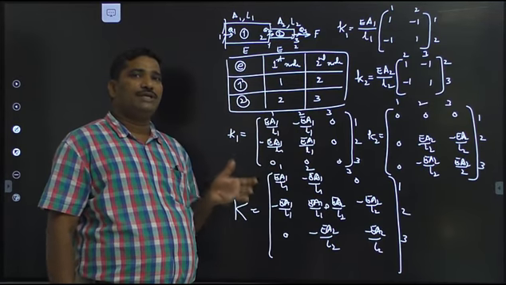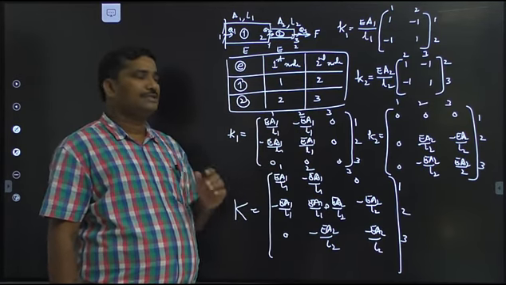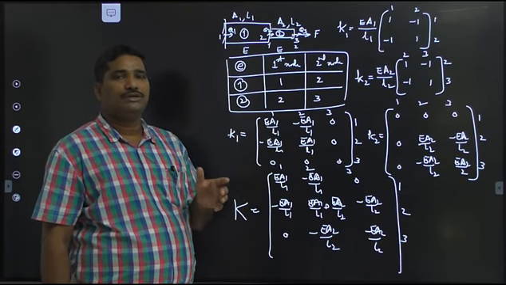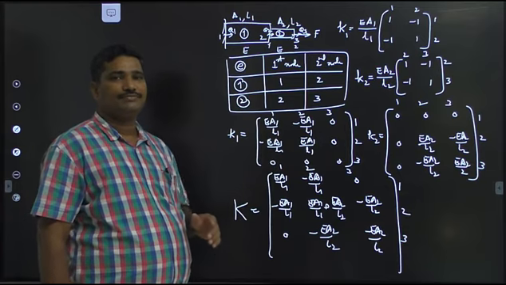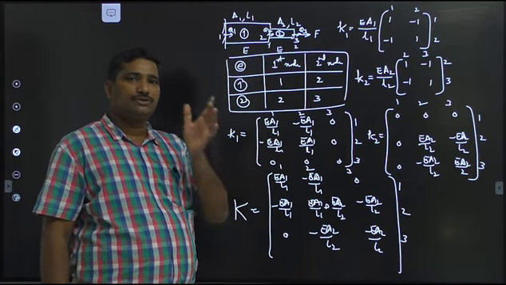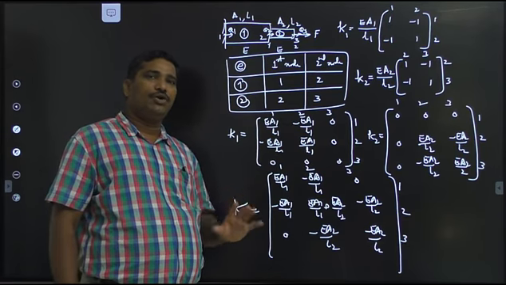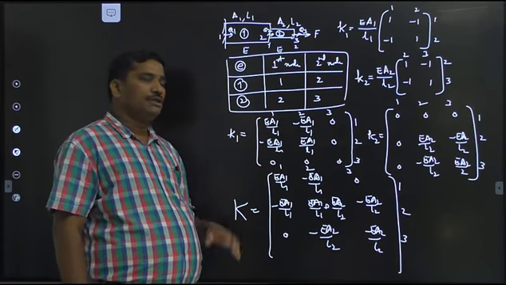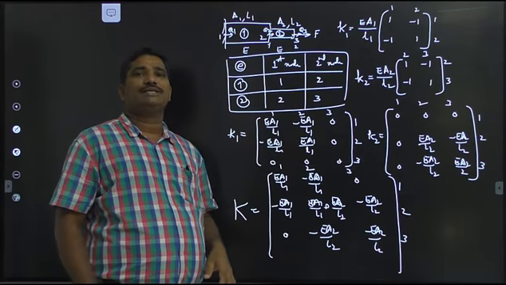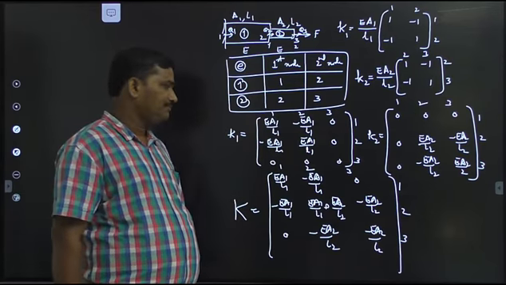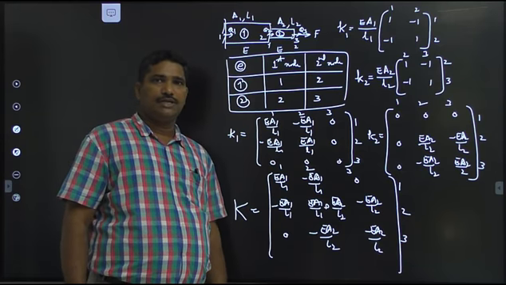The element traction vector results from the work potential due to traction. And the global stiffness matrix is prepared by assembling all the element stiffness matrices. Okay. Thank you very much.